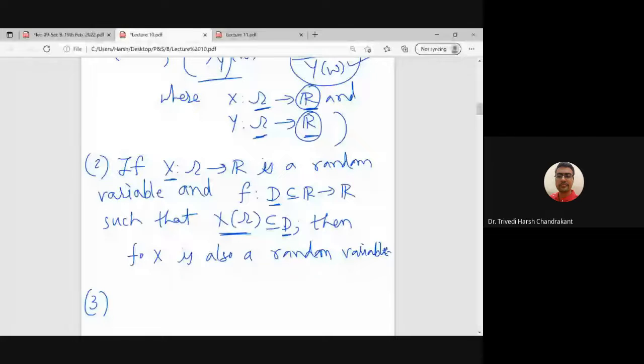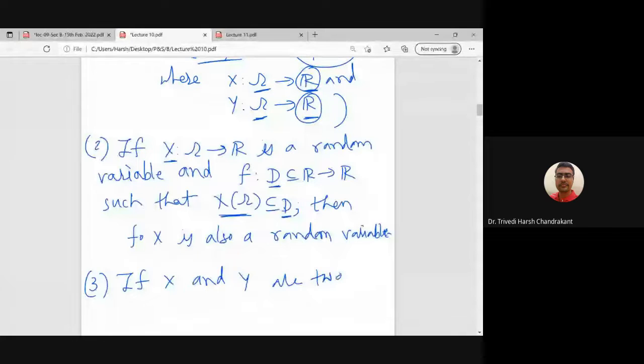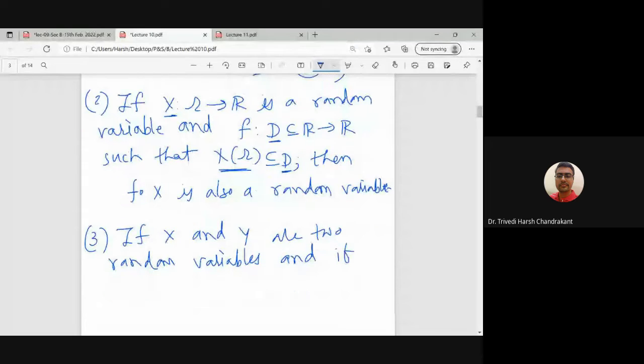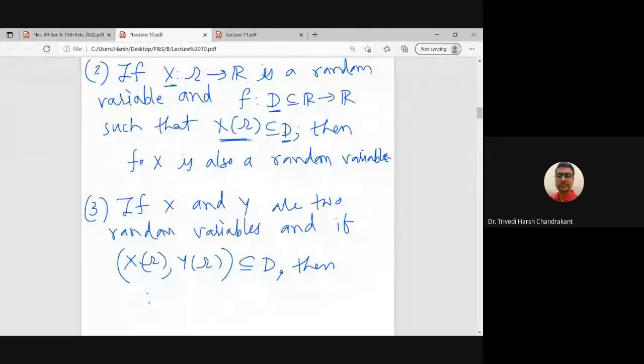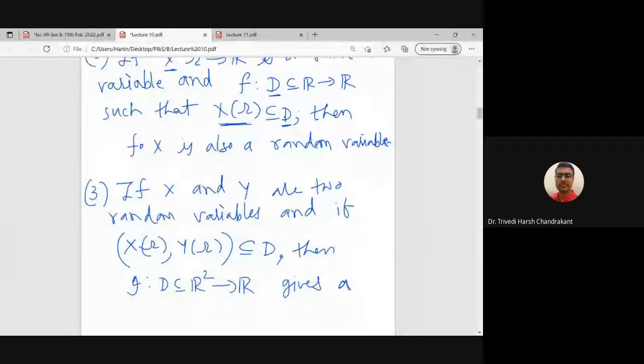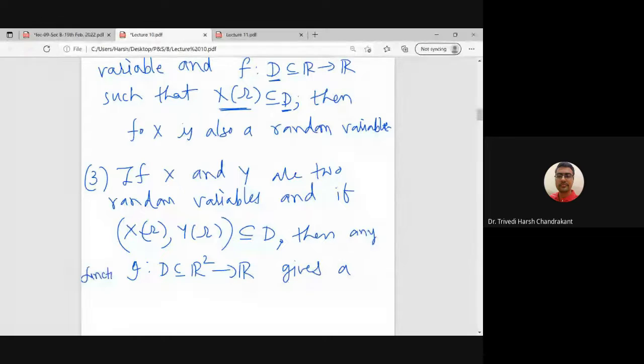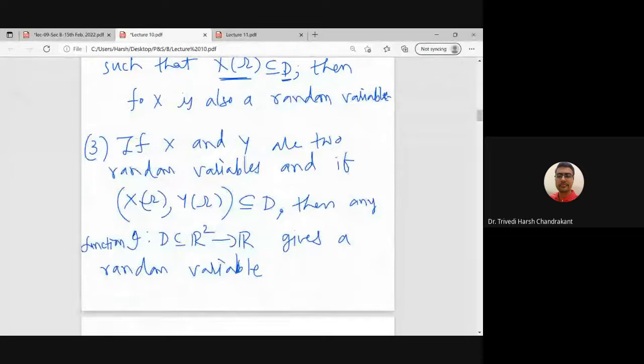So if x and y are two random variables, and if the range of both of these functions, x of omega and y of omega, so this two-variable range is a subset of D. Then g from D, which is a subset of R2, to R, any such function g gives a random variable g composition (x, y).